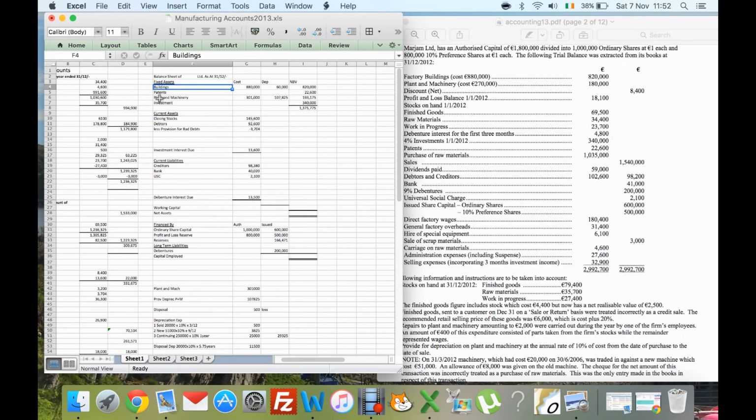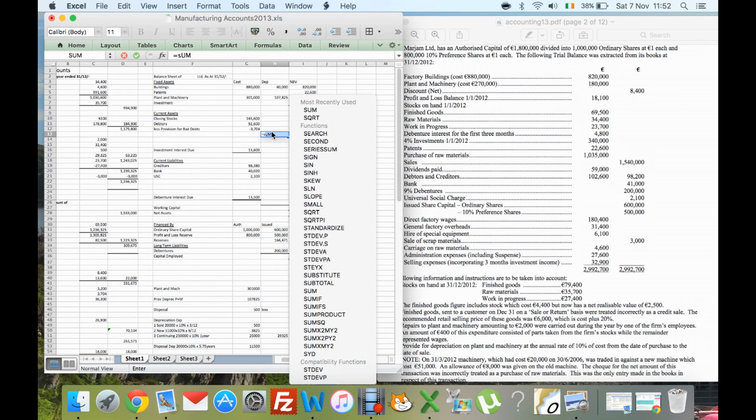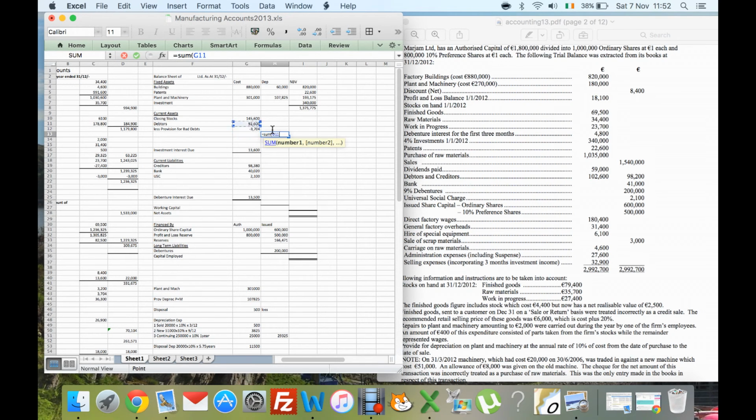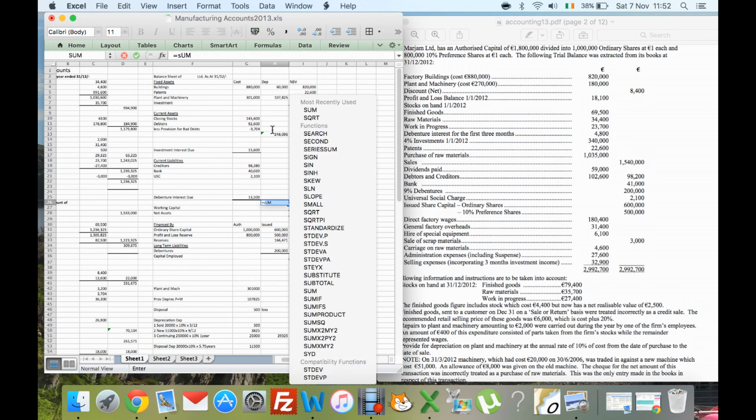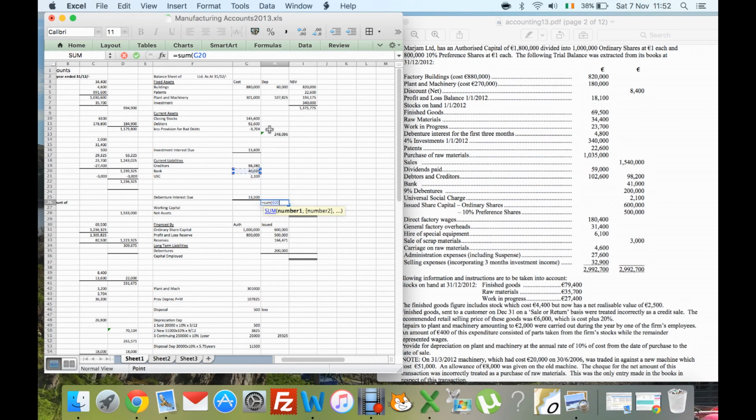You normally separate the 3, but I didn't because I was stuck for time. So we move on to our current assets, and then our current liabilities. Working capital.